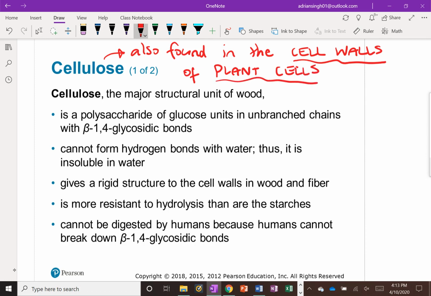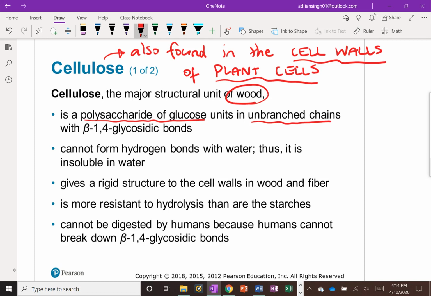Okay, and we don't have cellulose in our cells. The plant cells, though, have a layer around their cell membranes that sort of keep the cell intact, and that cell wall is made up of cellulose. It's the major structural unit of wood. It is also a polysaccharide of glucose. It is unbranched.